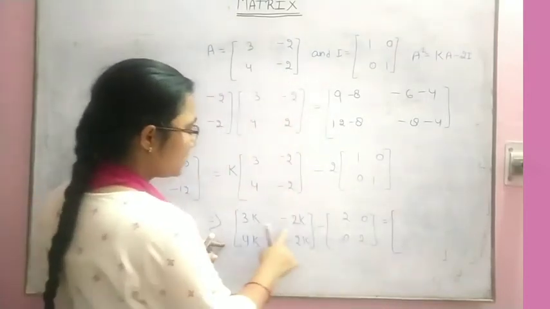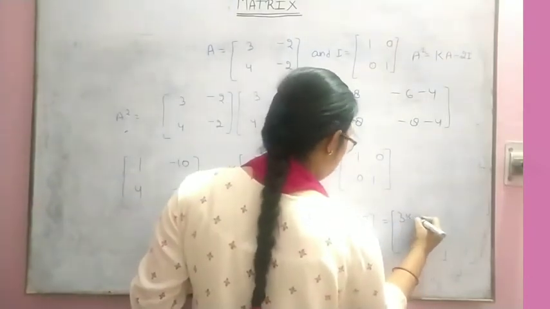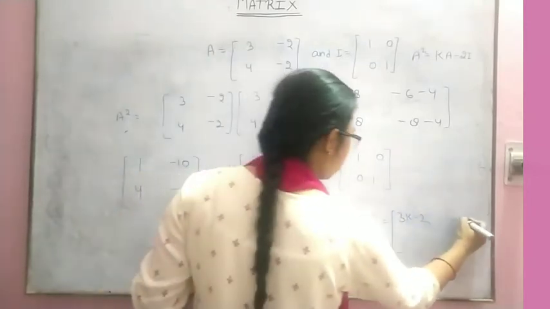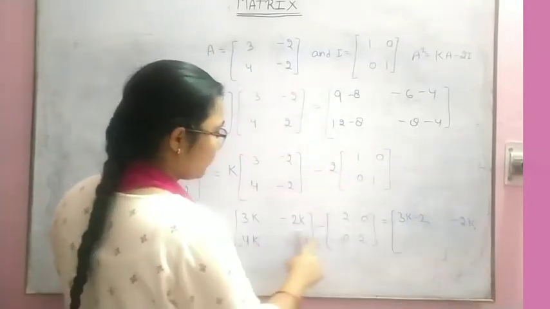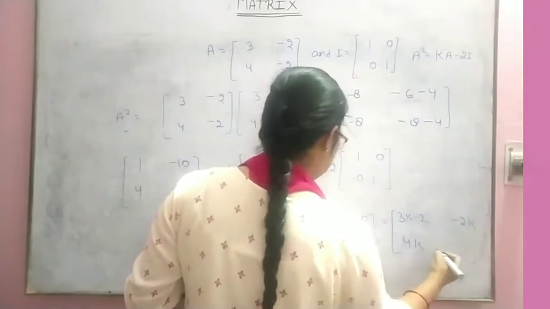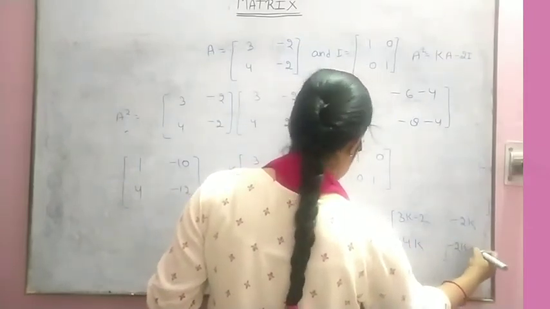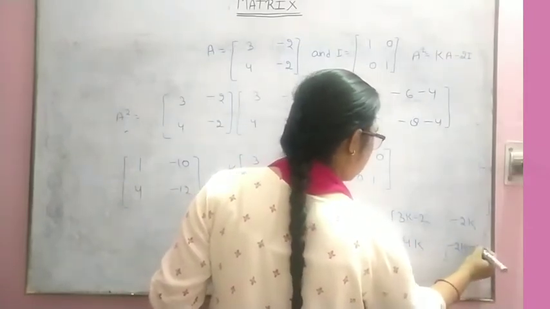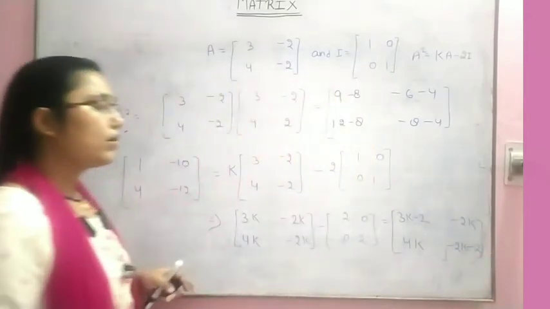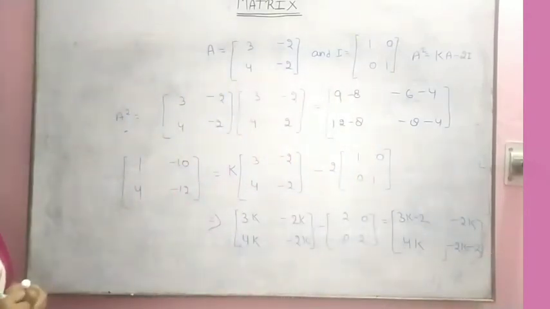We get right hand side is 3K minus 2 and this is minus 2K, 4K and this is minus 2K plus 2K minus 2.